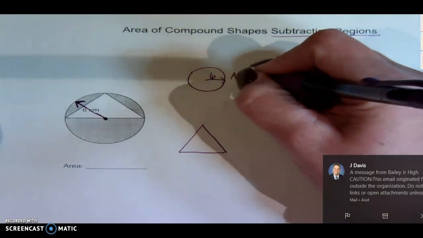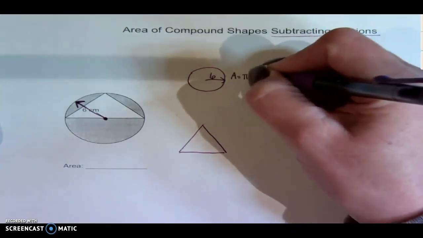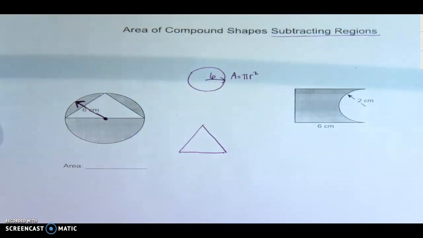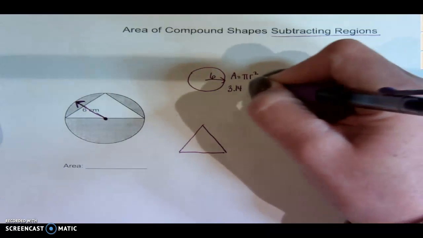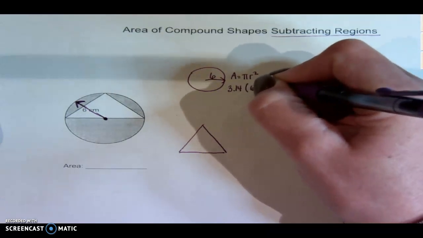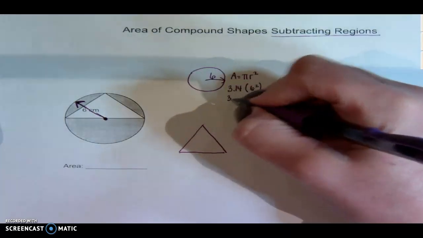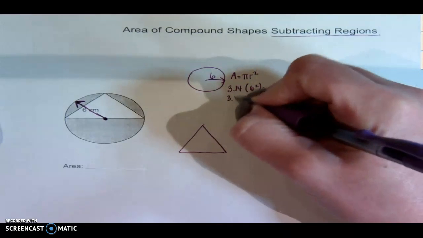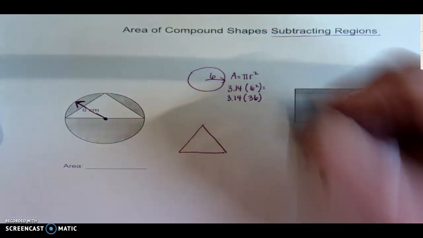In order to find the area of the circle, I know I'm going to be using the formula pi r squared. So I have 3.14 times 6 squared. 6 squared means 6 times 6, so pi times 36.